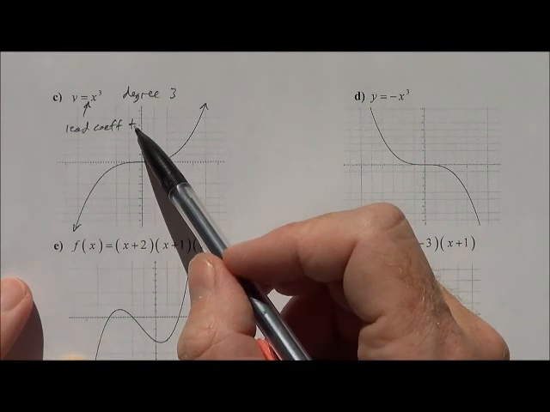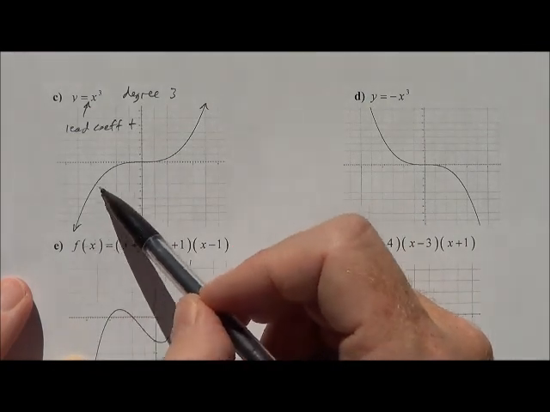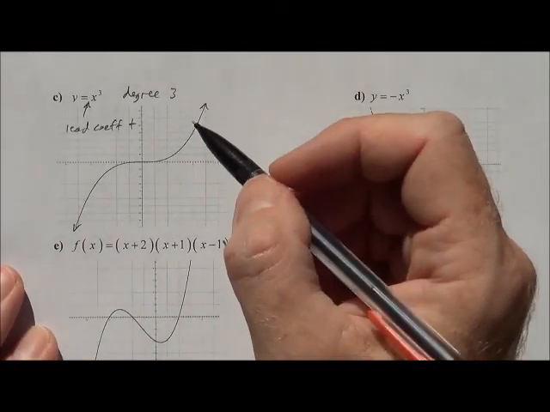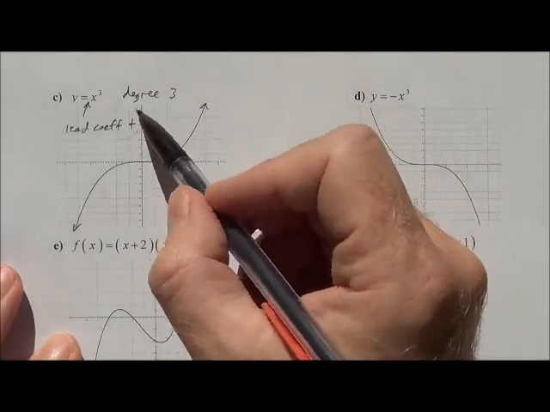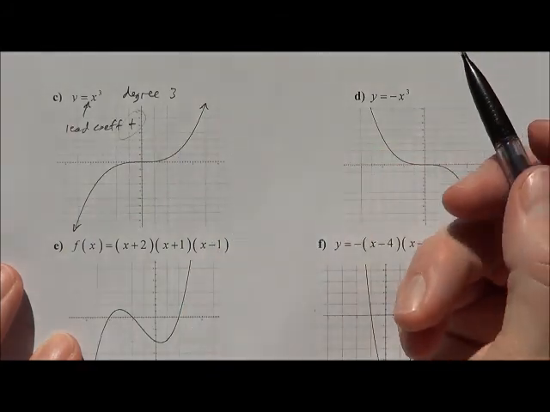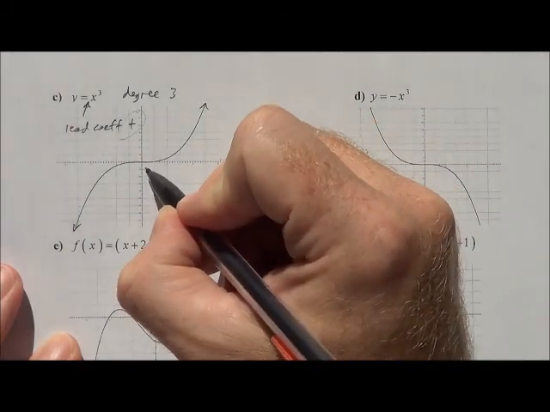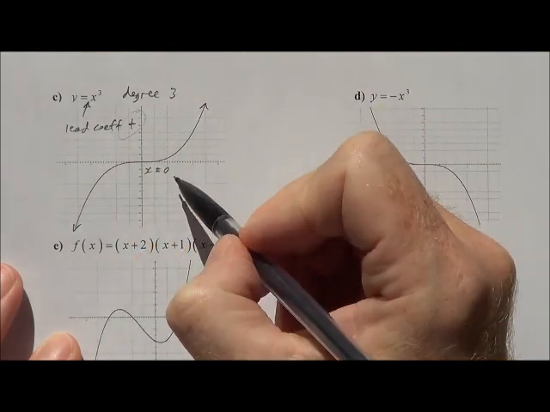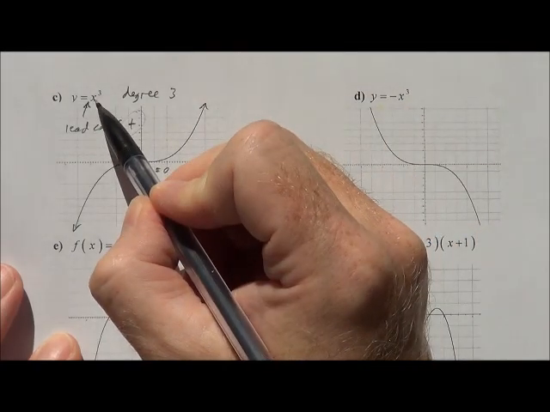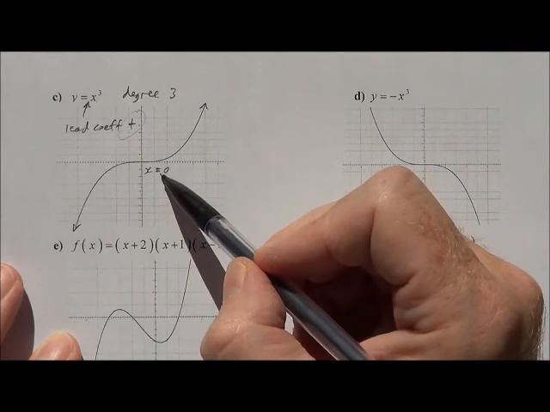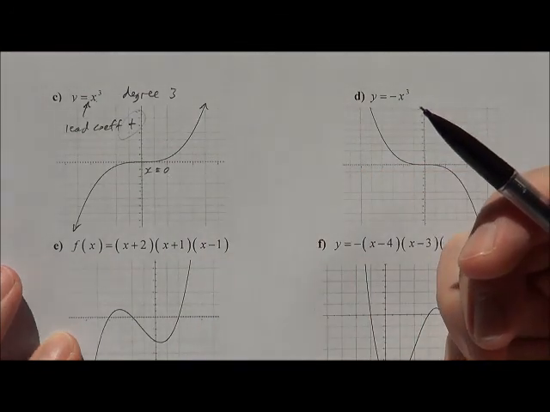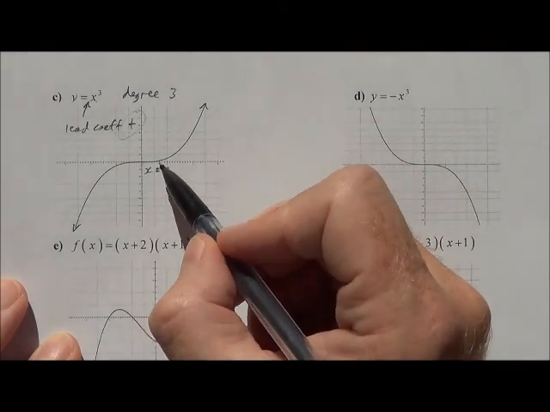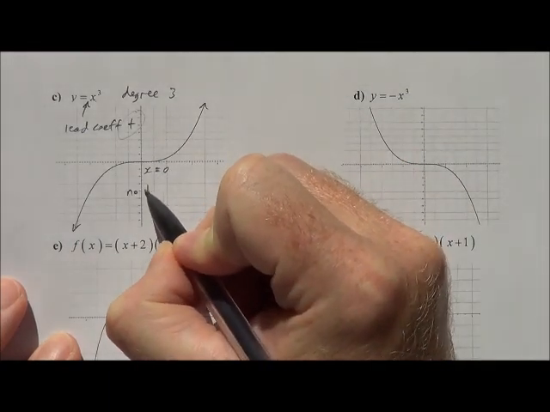So in this case, the lead coefficient is positive and the function is generally increasing from left to right. The zero is x equals 0. Again, notice the factors. It's just x cubed, and x equals 0 for the zero. We have to look at the turning points. Here there were no turning points.